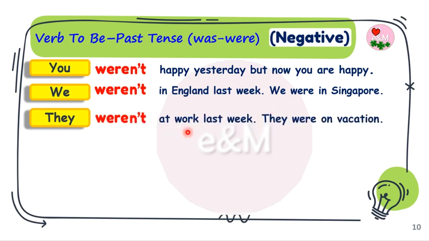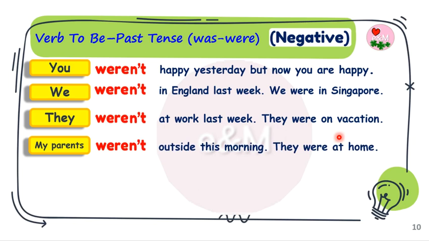They weren't at work last week. They were on vacation. My parents weren't outside this morning. They were at home.